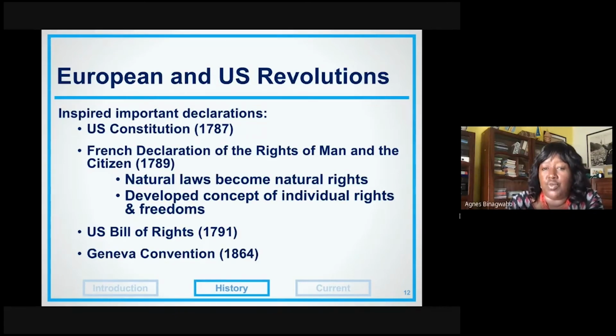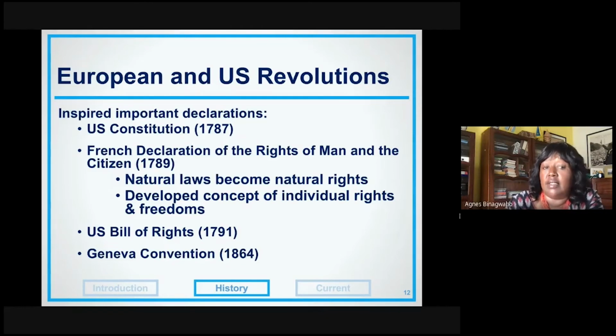In those countries, the concept of individual rights, the rights to self-determination and freedom, as right for all individuals, members of the society, emerged. John Locke influenced the revolutions in Europe and in US.